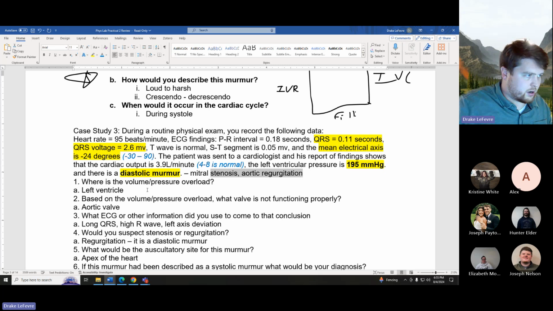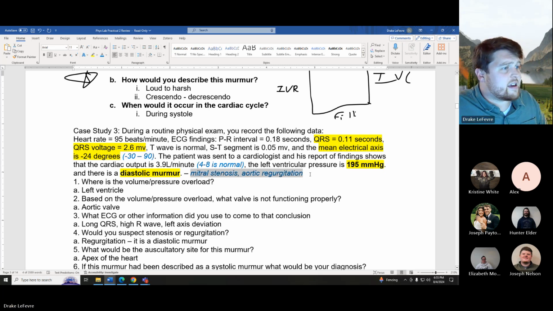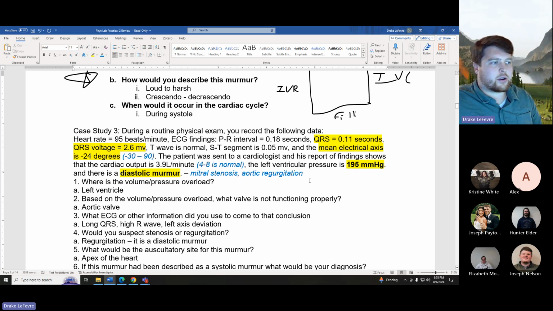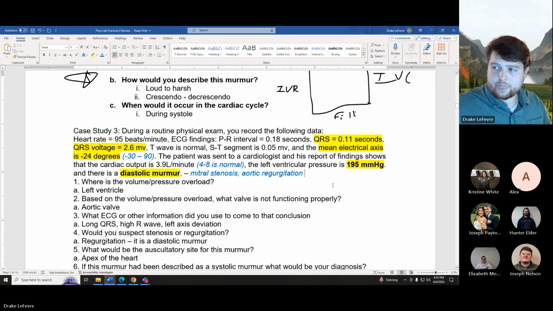Good. Those are the two choices that we're looking at. If you had to guess right now, what would your guess be? Mitral stenosis or aortic regurgitation? Which of these two would cause hypertrophy of the ventricle?